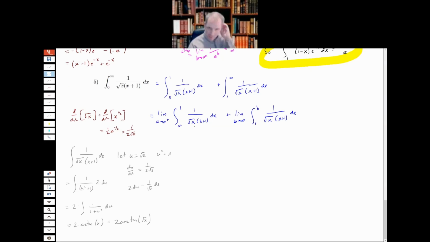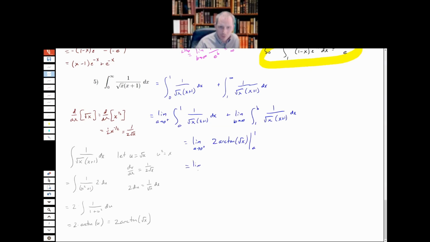So let's go back to our definite integral and see what's going on. I have the limit as a goes to 0 from the right of, when I integrate this, I know I get 2 arctangent of root x going from a to 1.